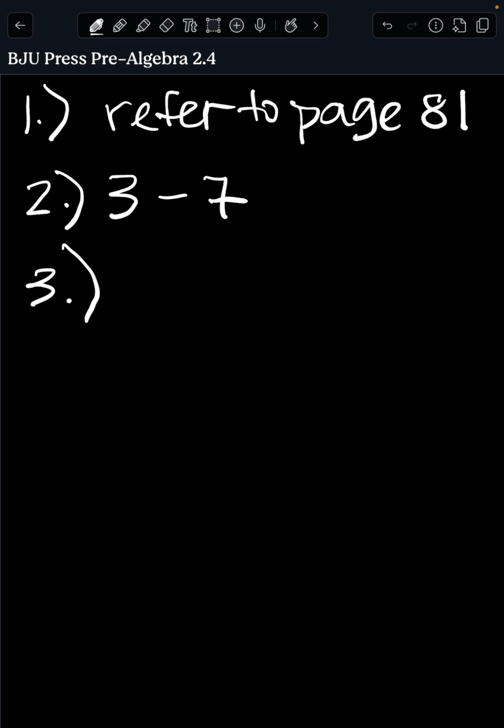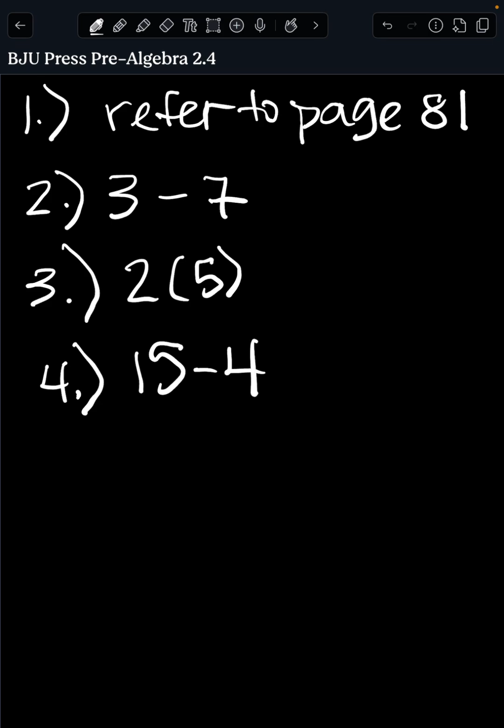Number 3, twice 5. Twice means multiply. So 2 times 5. Number 4, 15 less 4. This one doesn't have the than in it. So that means you're starting with 15 and you're taking less 4. 15 minus 4.